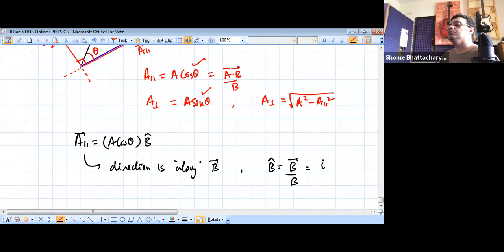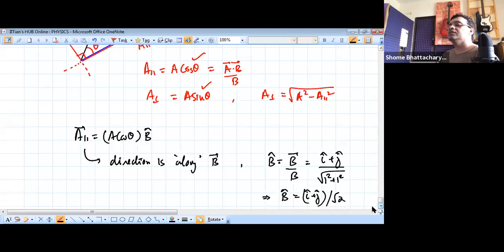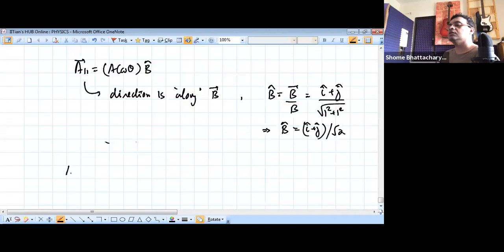So that will be B, which is I cap plus J cap, divided by its own mod, which is square root of 2. So B cap is becoming I cap plus J cap, the whole thing divided by root 2. So in that form we can express A parallel as A cos theta into I cap plus J cap by root 2. So that will give you one of the options.